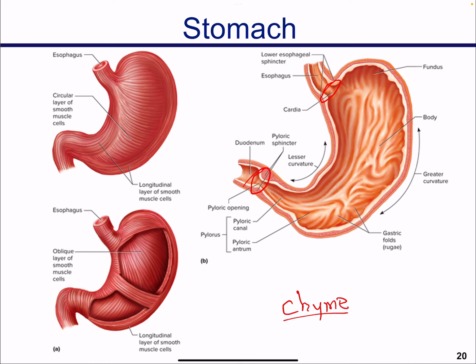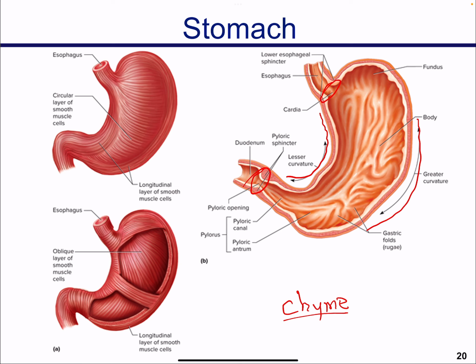Okay? Now, when we consider the stomach, in terms of structure, I told you about the 3 muscle layers. I'm not going to come back to that again. I told you about the cardiac sphincter and the pyloric sphincter. Now, you have the lesser curvature that is toward the inside, and the greater curvature that is toward the bottom.